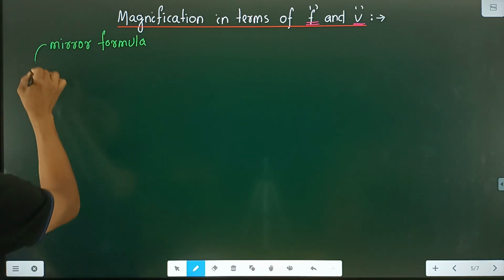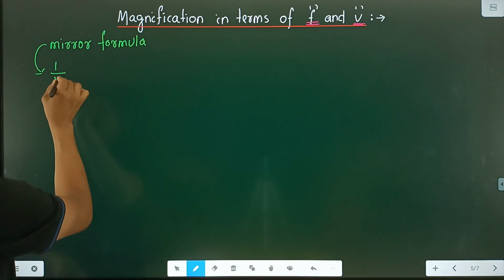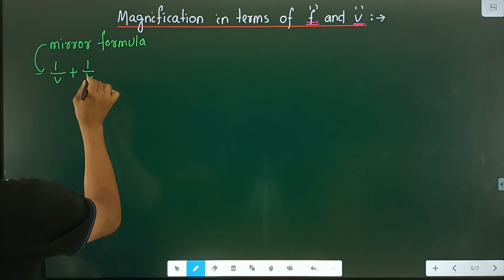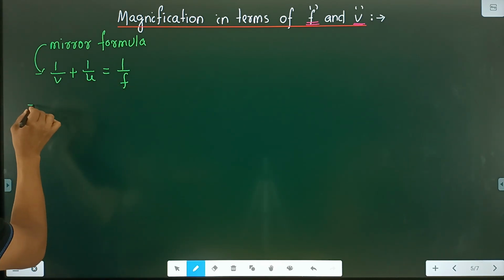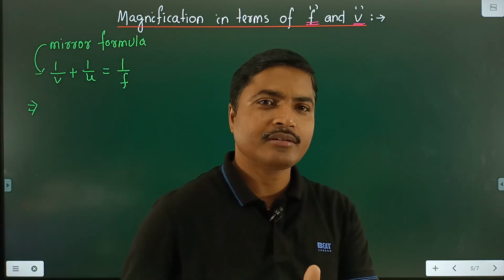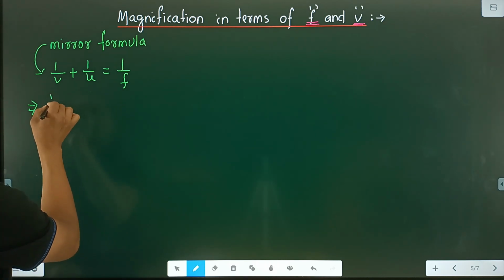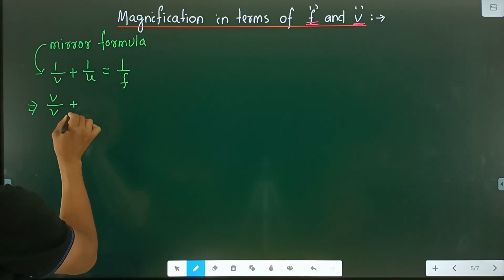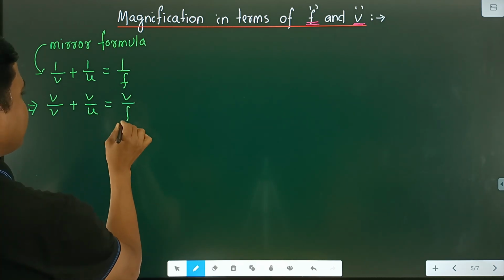What is the mirror formula? 1 by V plus 1 by U is equal to 1 by F. That implies we multiply by V on the left hand side and also on the right hand side, so that this expression becomes V by V plus V by U is equal to V divided by F.